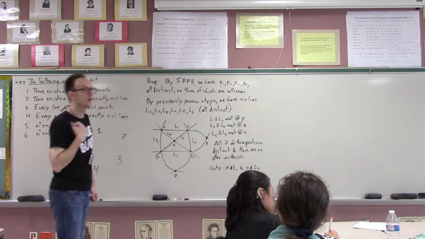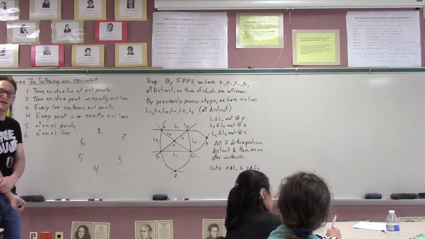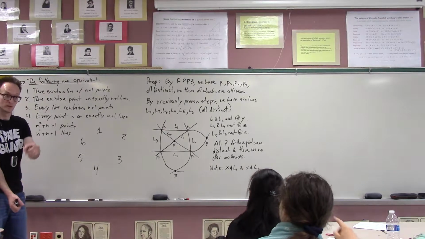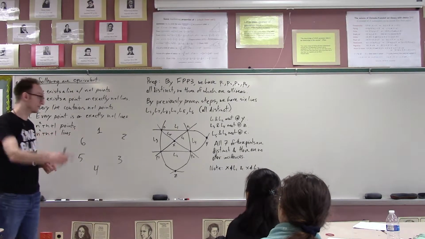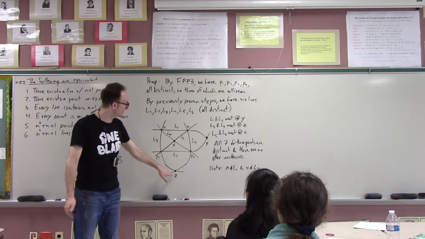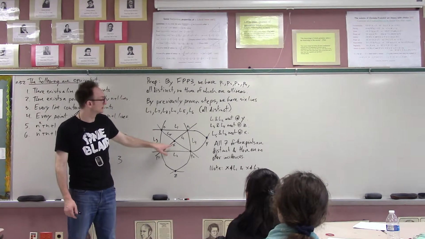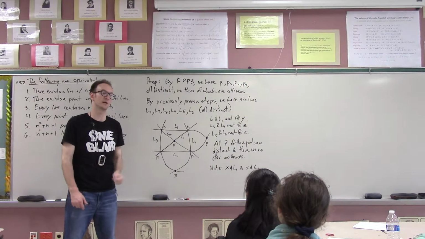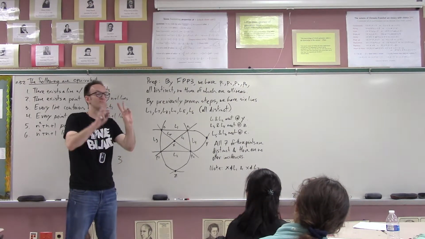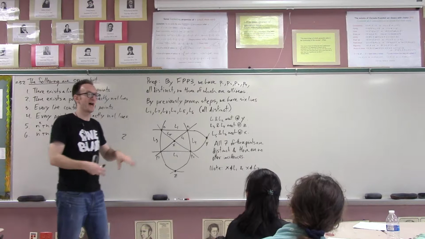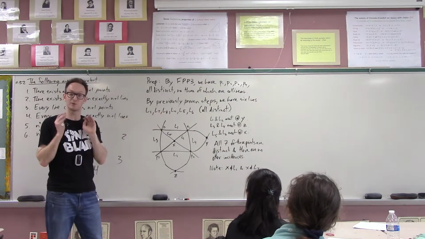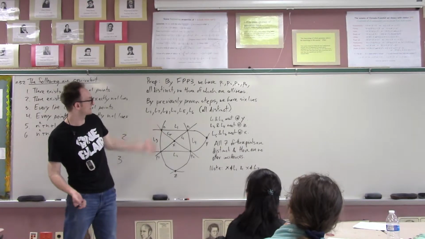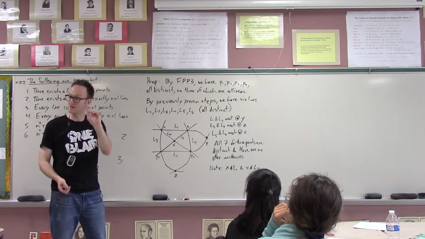And in fact, what could I add to make it a model of the axioms? If I simply draw a line through X, Y, and Z, then that just is the Fano plane. So the minimum way to add to this structure to get something which satisfies the axioms is to just add a line through X, Y, and Z. Because we already have 6 lines here and 7 points, we just add that 7th line, we're done.